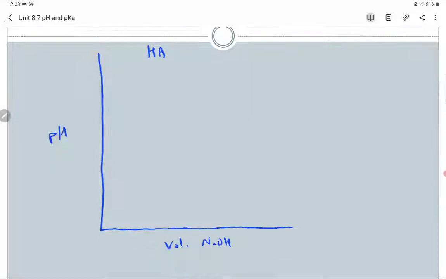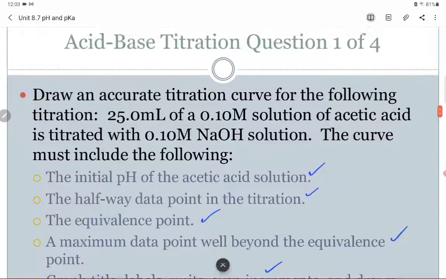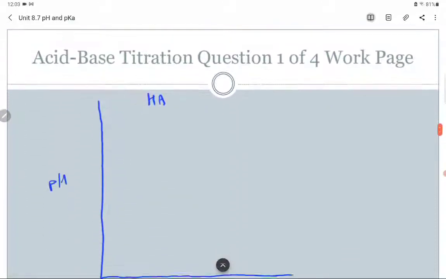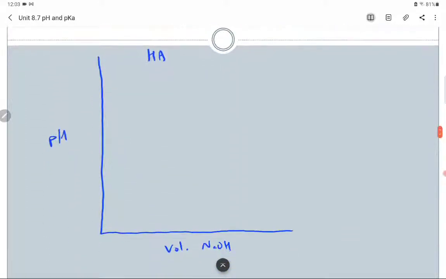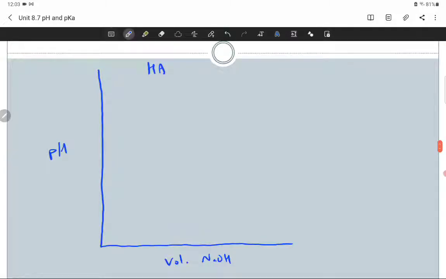I don't remember if it was told to us what acid it is, acetic acid, so maybe we better change that and make it acetic acid. Okay, so we have a title, we have labels.